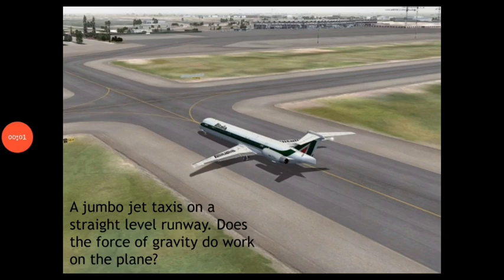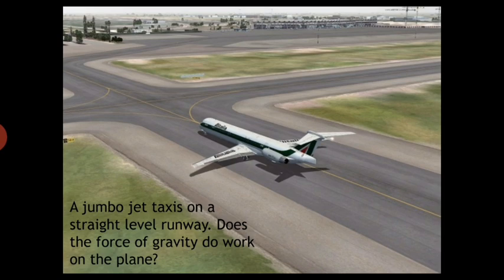Next situation. A jumbo jet taxis on a straight level runway. Thus, the force of gravity does work on the plane. So, remember that we are focusing here on the force of gravity. And what is the direction of the force of gravity? It is always towards the center of the earth or downward direction, right?